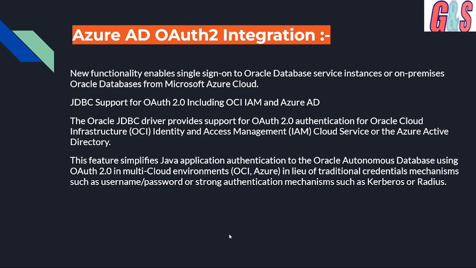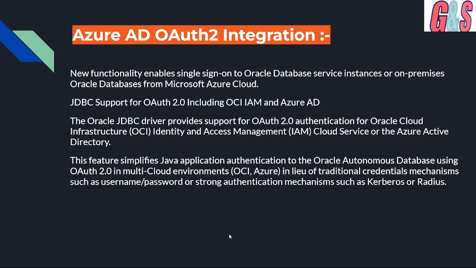The Oracle JDBC driver provides support for OAuth 2.0 authentication for Oracle Cloud Infrastructure, that is OCI, Identity and Access Management, that is IAM, Cloud Service, or Azure Active Directory. So the Active Directory which is set up in the cloud, in Microsoft Azure Cloud.